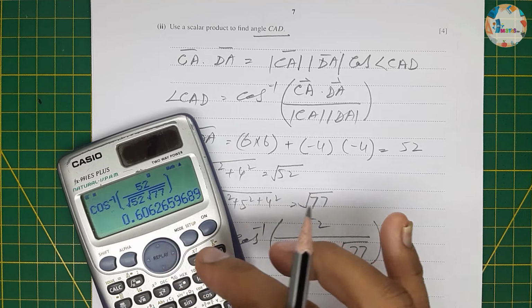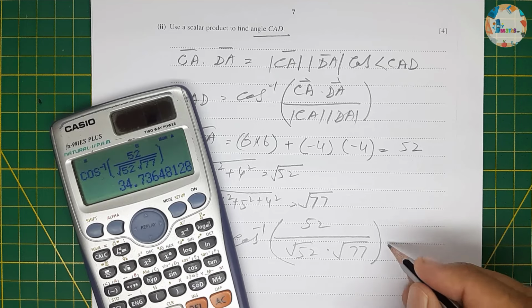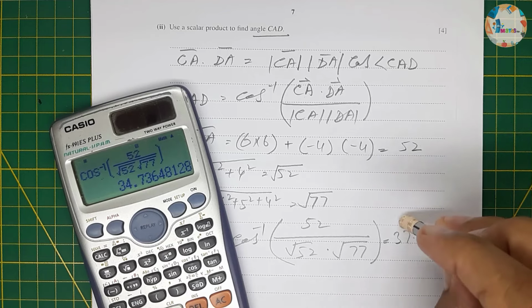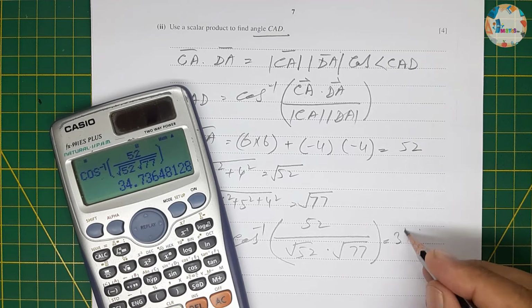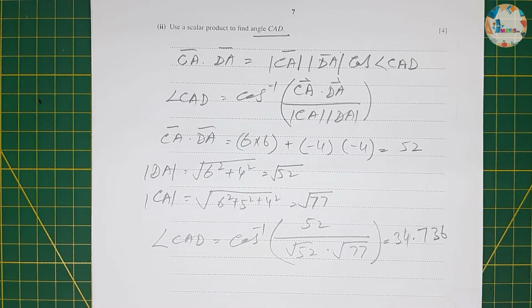We'll have to shift the mode to degrees, and now we will calculate. This will be equal to 34.736, or we can write approximately 34.7 degrees. This will be our answer.